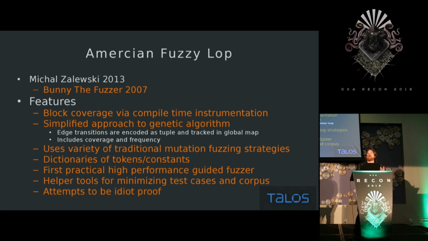So in general, in its dumb mode, it's already just a good mutational fuzzer, and then it adds this feedback mechanism through a compiler plugin that tracks the code coverage via these edge transitions that are encoded into a byte map. And ultimately, it's the first practical high-performance guided fuzzer that's available to the public.